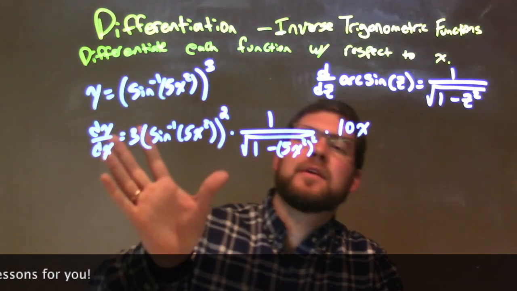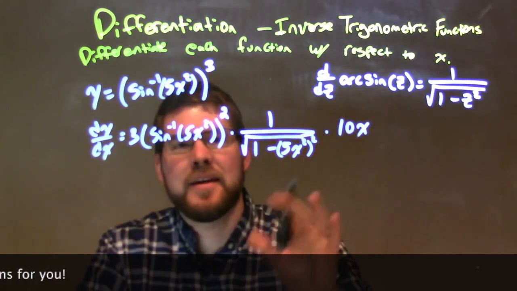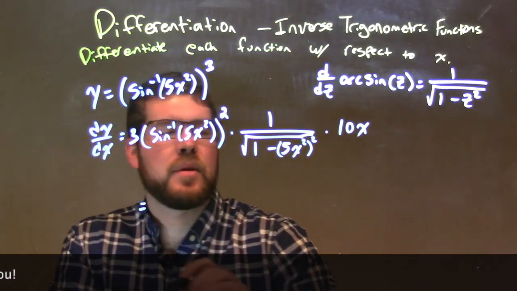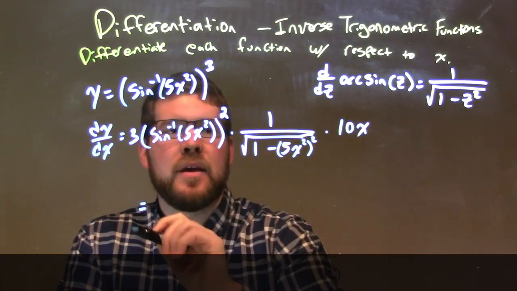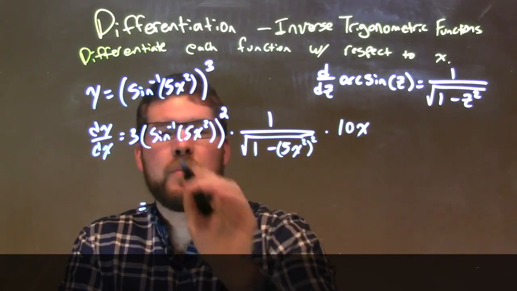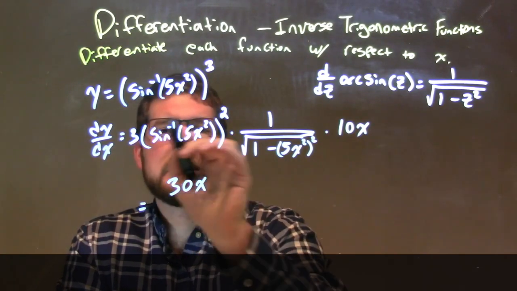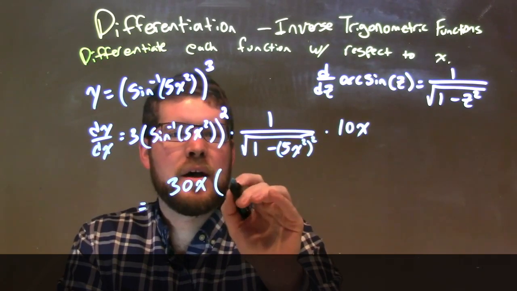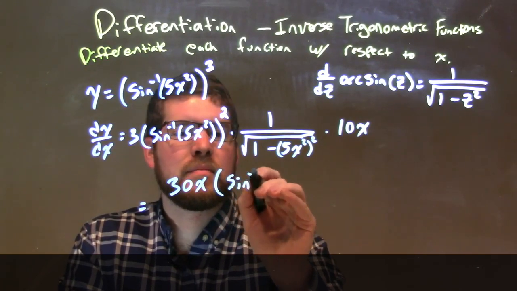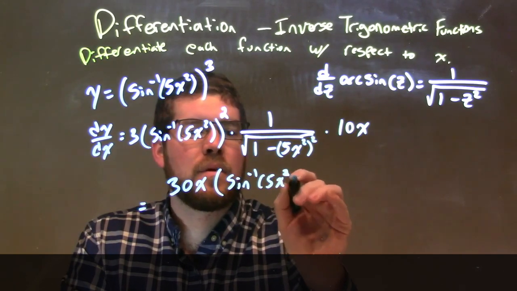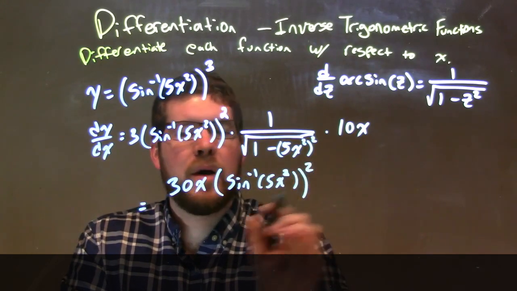So we have this 3-part derivative here. Let's see if we can condense it to one big fraction. Well, the 10x and the 3 can be multiplied together to get a 30x out front. We're just going to leave this parenthesis here, the arc sine of 5x squared, all to the 2nd power.